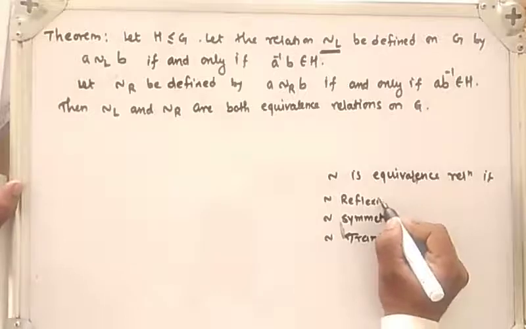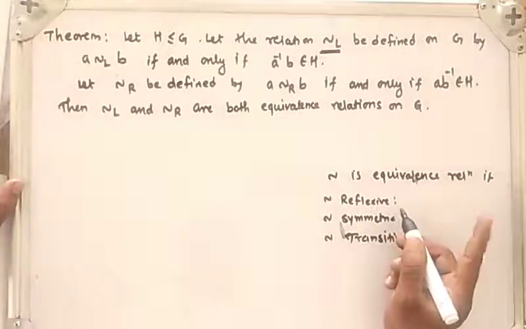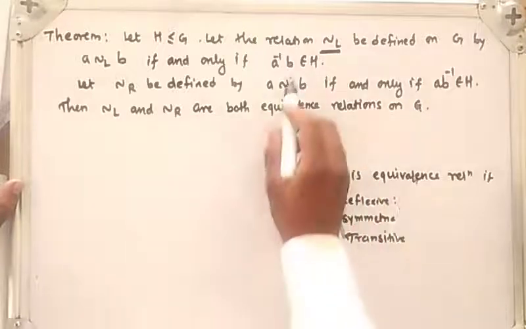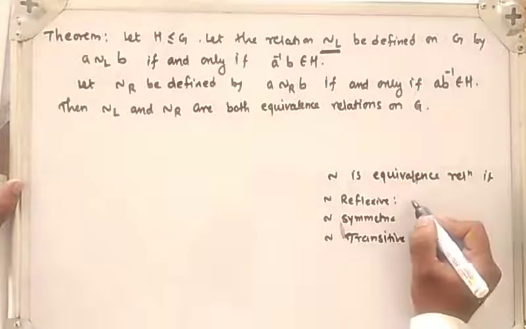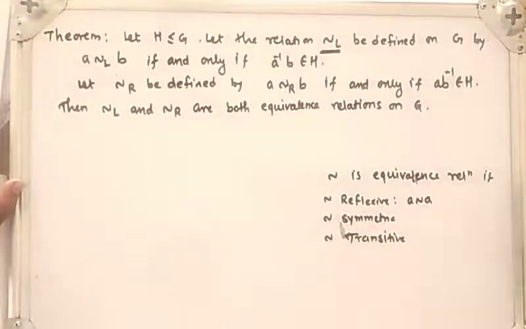What is meant by reflexive relation? For a reflexive relation we want one element: putting B equal to A, if A is equivalent to A, then the relation is reflexive.